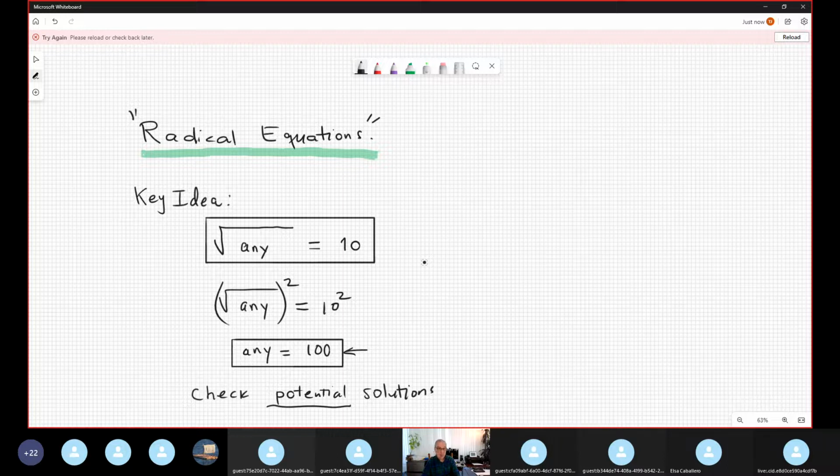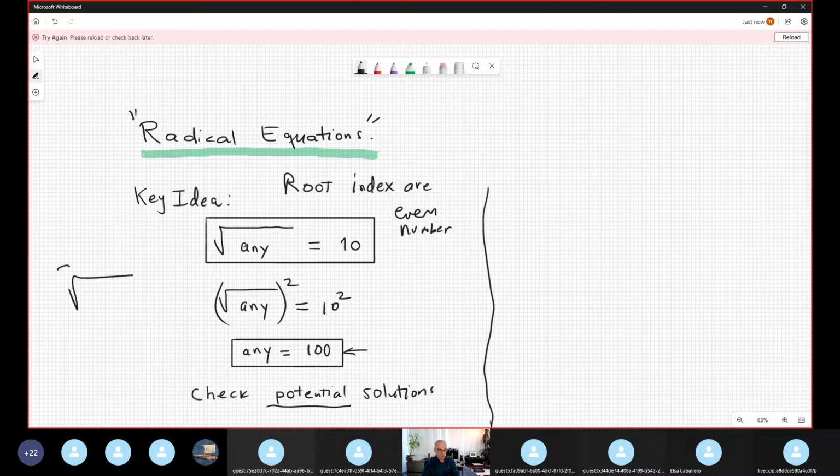Okay? And this situation happens when the index of the root that we have in the equation is an even number. You know, for example, square roots have index 2.